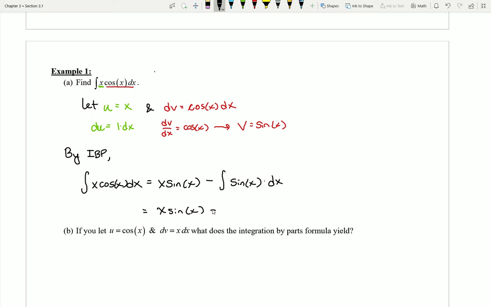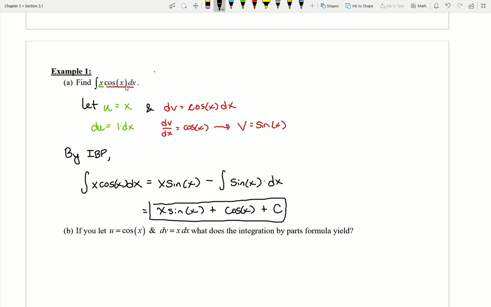Well, I would have to do negative cosine of x. Notice that this negative is from up here, so when I put my extra negative on the front, it's really going to change this to a plus. Of course, since this is an indefinite integral, I will make sure to remember that at the back, I should have a plus c. And so I've arrived at what I believe to be an antiderivative for my function x times the cosine of x.